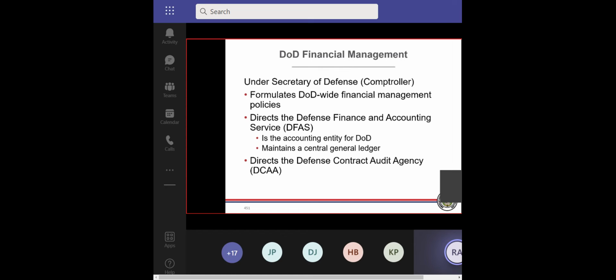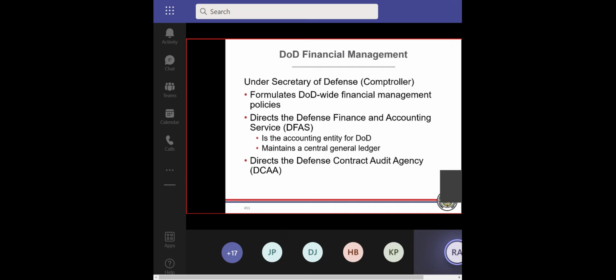By and large, amongst other things, if there's a difference between a defense entity and a contractor or a vendor, DCAA would be involved in reconciling those differences. Maybe it'd be a difference on what a contract says, what the specs are, what the requirements are. The vendor says one thing and the government agency says something else. These guys are supposed to work out the differences, basically auditing contracts, making sure that the contracts are legitimate, legal, etc.